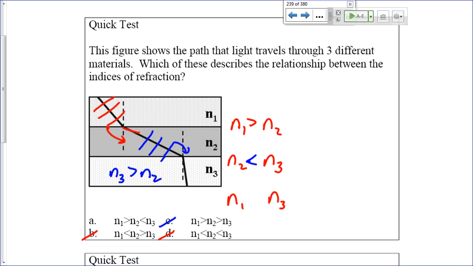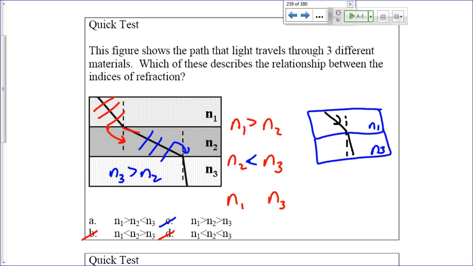Well, you can also figure out the relationship between N1 and N3. I can take out N2 altogether. So imagine this is N1 and this is N3. I can redraw those rays like this. It's as if this wasn't even here. I just remove it completely, and then I can figure out the relationship between N1 and N3.